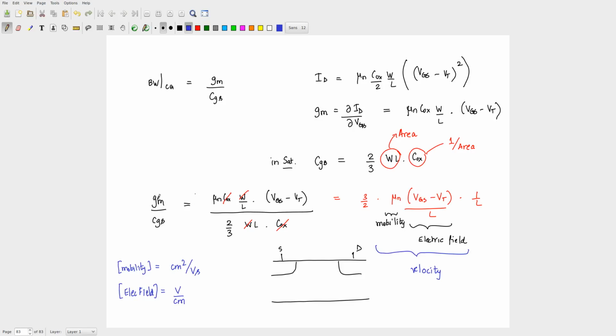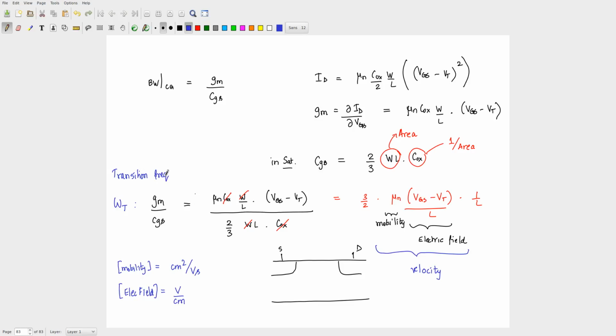So what you are saying is that this gm by CGS, which is called the omega T or the transition frequency, is nothing but some velocity divided by length. So in a sense it refers to the time that this particular electron takes to go from source to drain. So in very crude terms it tells you how fast your transistor is.